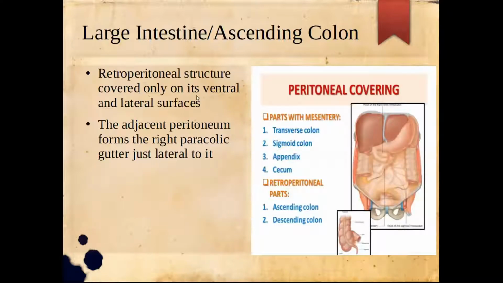It is a retroperitoneal structure, covered on its ventral side and lateral surface by peritoneum. Adjacent to it, we have the right paracolic gutter. Did you know the clinical significance of the right paracolic gutter, guys? Anybody can answer me?